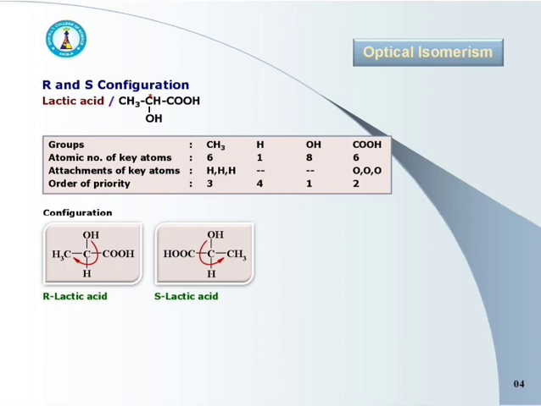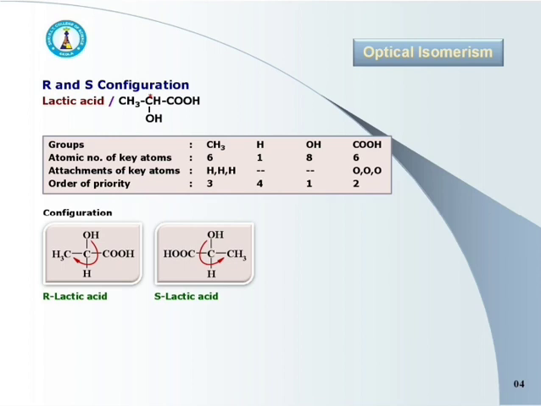In the second structure, the lowest priority group is again at the bottom, and on viewing the molecule from the side opposite to hydrogen, the priority of the other groups decreases in the anti-clockwise direction, and so it is the S isomer, S lactic acid.